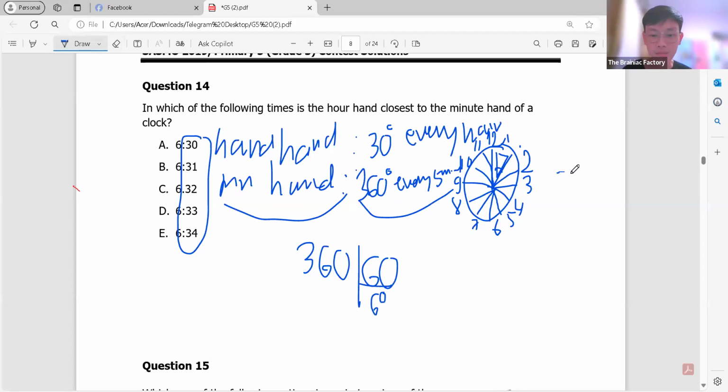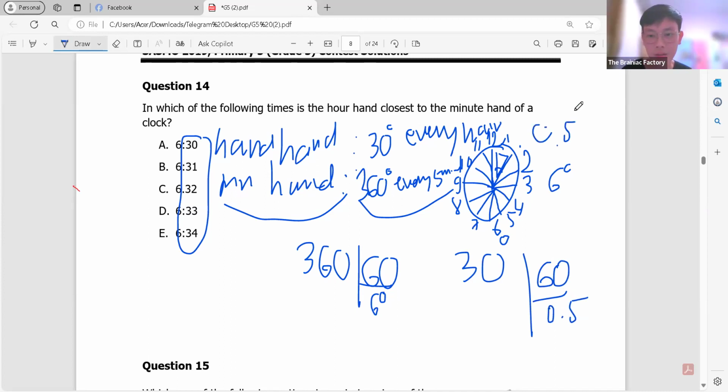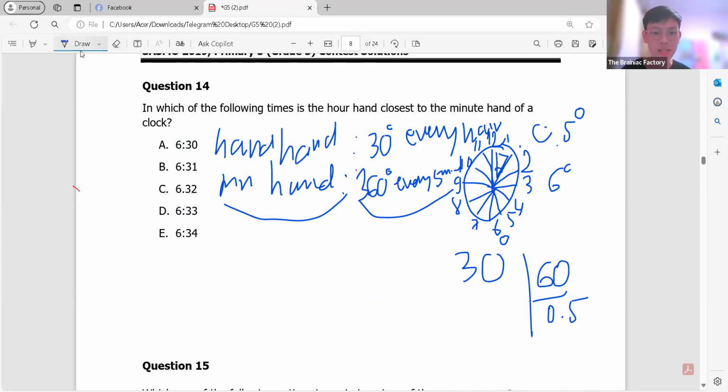While the minute hand moves 6 degrees, the hour hand also moves, but it is 30 degrees divided by 60, which is gonna be 0.5 degrees here. So let's find it. This one we're going to have, it's already at the 6.